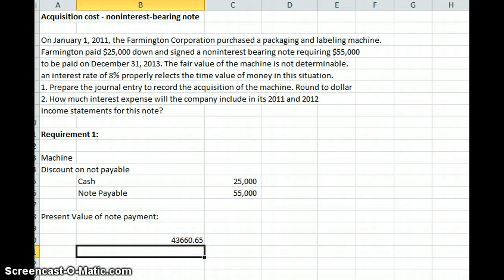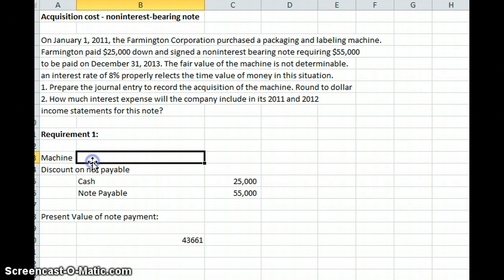So the value of my note is 43,661. So that is going to be our value of our note. Then next we're going to determine what the value of our machine is.